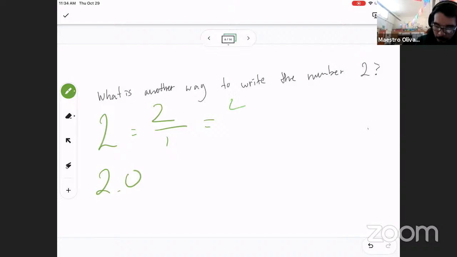I think you mean 4 over 2. But yeah, 4 over 2. What's another fraction? Otra fracción. 6 over 3. Yeah, because 6 divided by 3 is 2. One more.